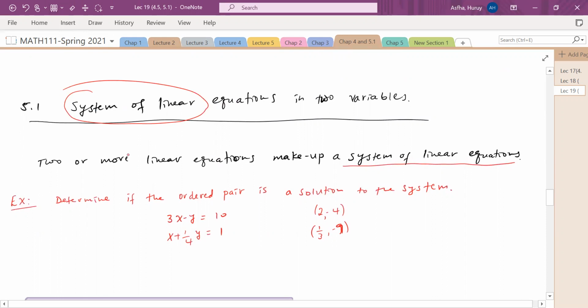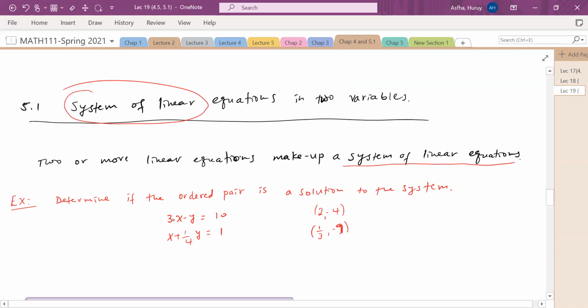The name system of equations basically means a group of equations, more than one. For example, here we have 2 equations. We can have 3 equations together. We can have more than 3 equations. So we use that term system to represent a group of equations together.